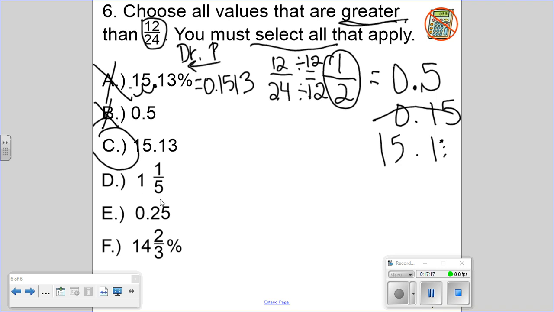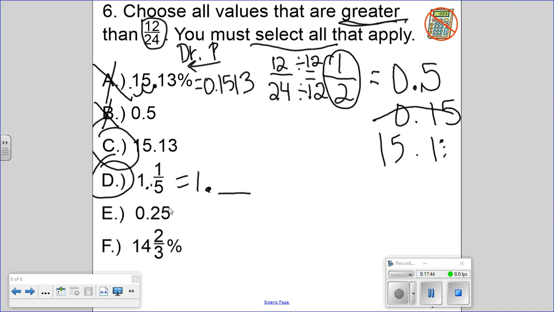Choice D says 1 and 1/5, so that's going to be 1 point, whatever 1/5 is as a decimal. I could sit here and divide 1 by 5 to figure out what this decimal point should be, but I'm only trying to pick numbers that are greater than 0.5, and I know 1 point anything is bigger than 0.5, so I'm going to go ahead and circle choice D.